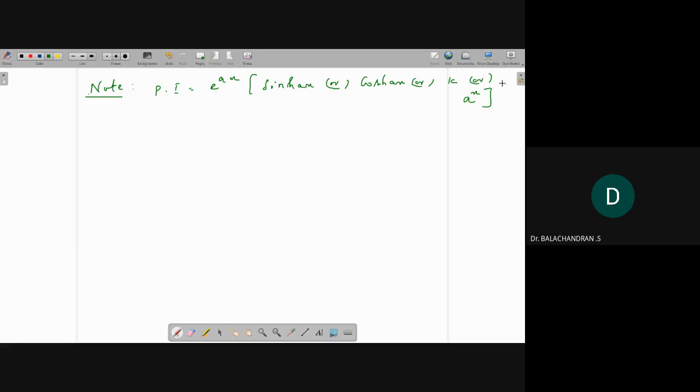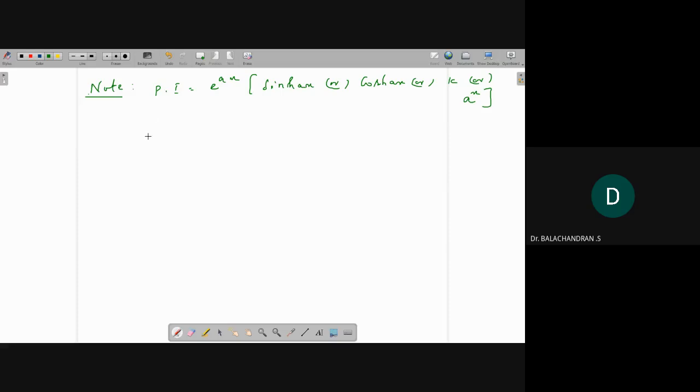If any one of them is on the right hand side, you should convert it in terms of exponential function and then solve by using the type 1 method, that is replacing D by a. Here you should write K into e power 0x. Here, e power log a power x.